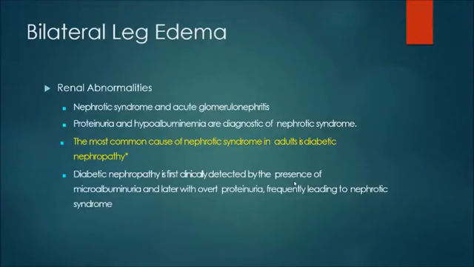So you'll see a lot of these patients come in and they have some history of diabetic nephropathy. Diabetic nephropathy is first clinically detected by the presence of microalbuminuria and later with overt proteinuria, leading to nephrotic syndrome. So that's why it's important to have these patients and their lab work regularly checked during their workup.